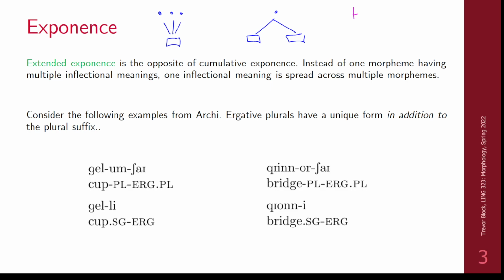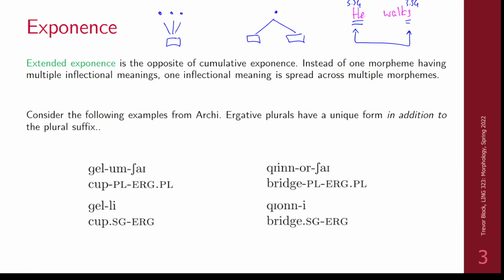So for example, in English, when we have something like he walks, and we think about agreement, he has to agree with whatever is on the S in walks. So the inflectional information is actually spread over 2 parts. So that would be extended exponents in English. Both of those would be third person singular information. So if you want to use a third person singular pronoun, you have to have third person singular agreement.